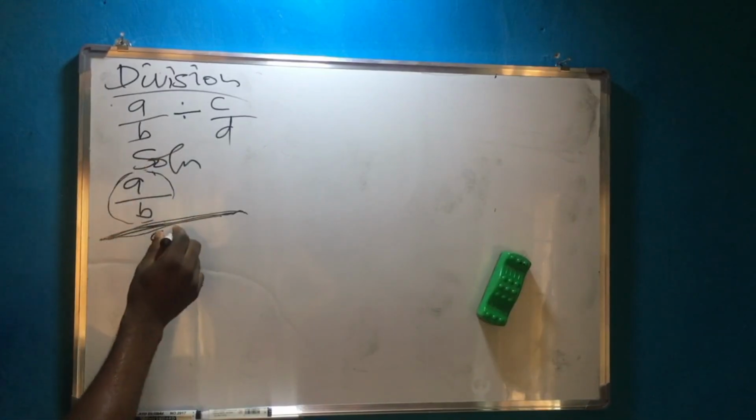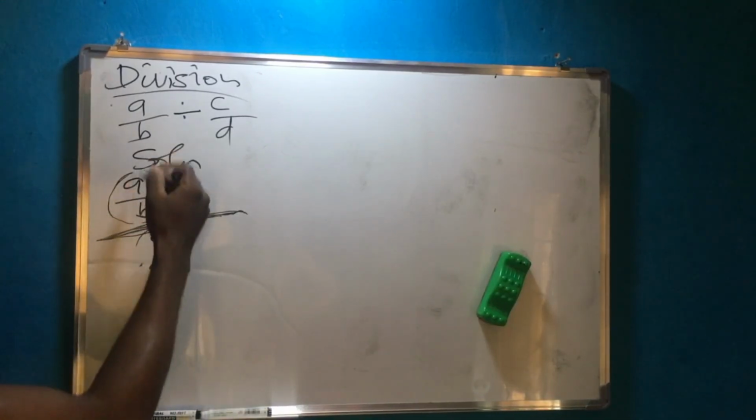This is a fraction and this is another fraction. So this general division separates them.